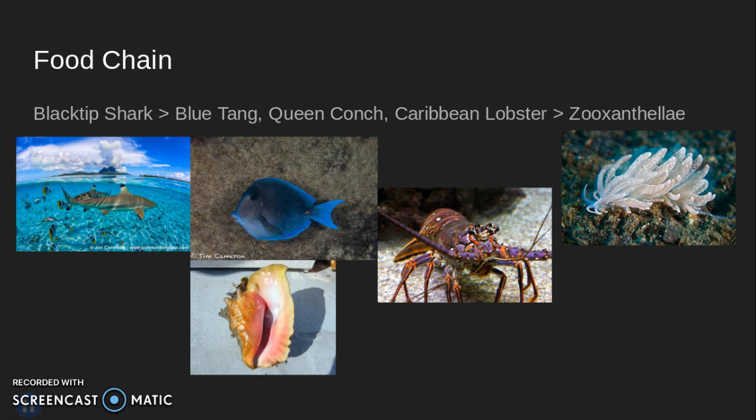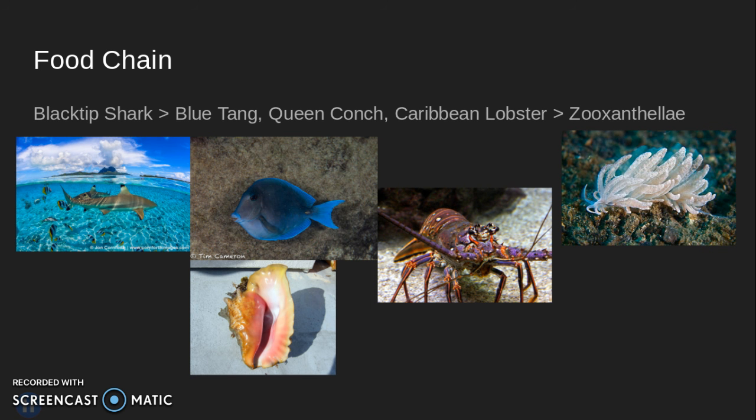So, the food web or chain in this instance is really very simple. Predatory organisms such as the black-tip reef shark are at the top of this chain. Below this is the herbivore known as the Atlantic blue tang. However, blue tang only eats algae, in which case would be zooxanthellae.